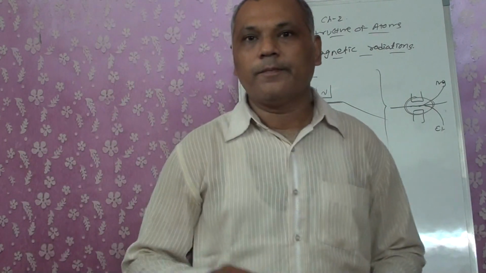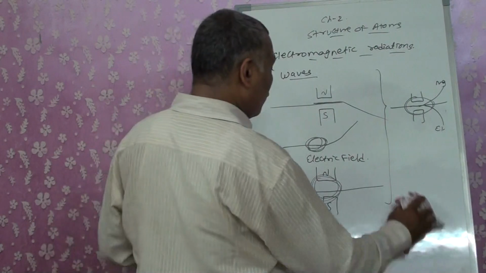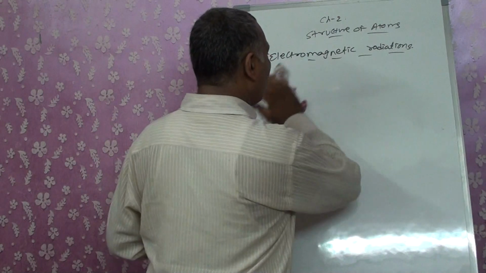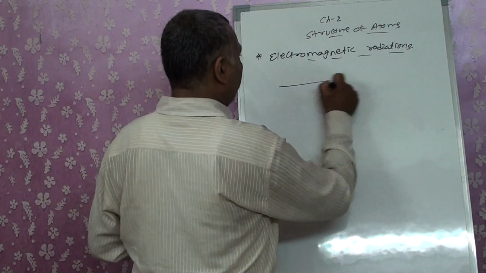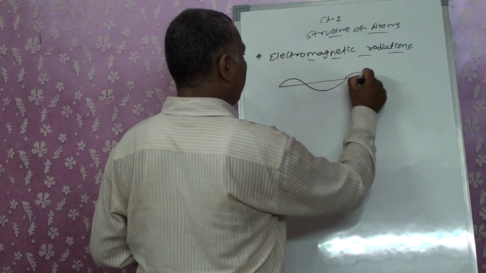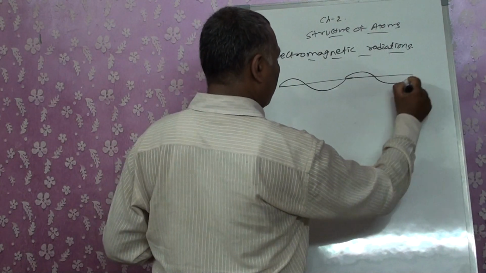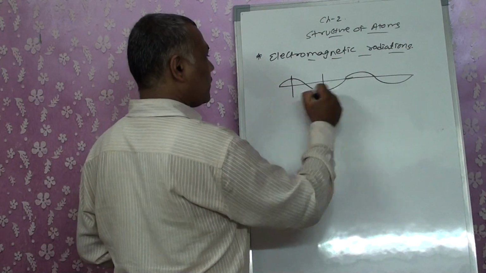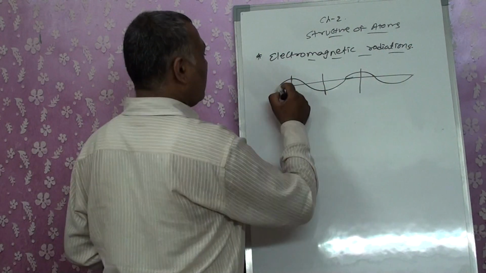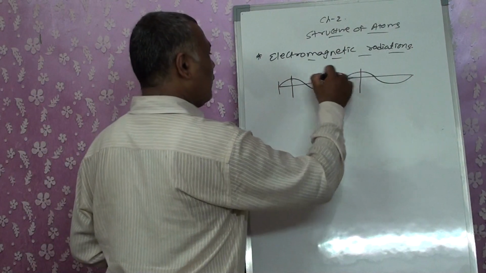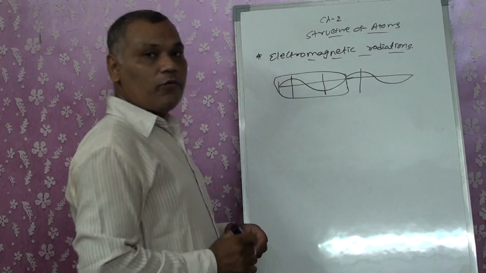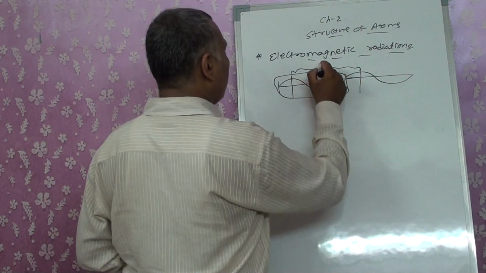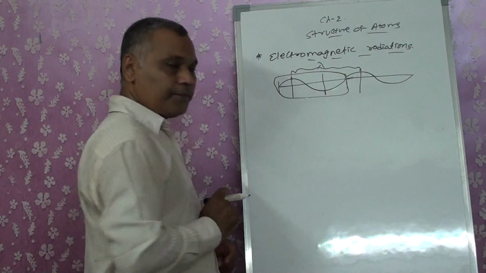But when these radiations are moving, they are moving with a certain frequency, which you already know. They move with a certain frequency, right? This is the one point which we consider as one cycle. The distance between these two, we name it wavelength, right?